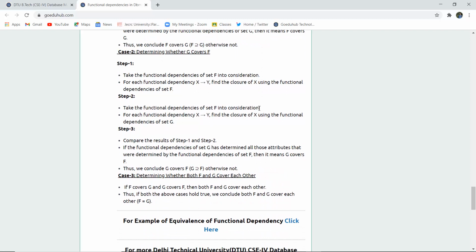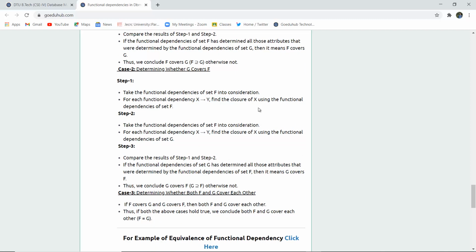Similarly, for determining whether G covers F or not, the very first step is to take the functional dependencies of set F into consideration. For each functional dependency x to y, find the closure of x using the functional dependencies of set F. Similarly, take the functional dependencies of set F into consideration. For each functional dependency x to y, find the closure of x now, so that we can say that the functional dependencies of set G exist.